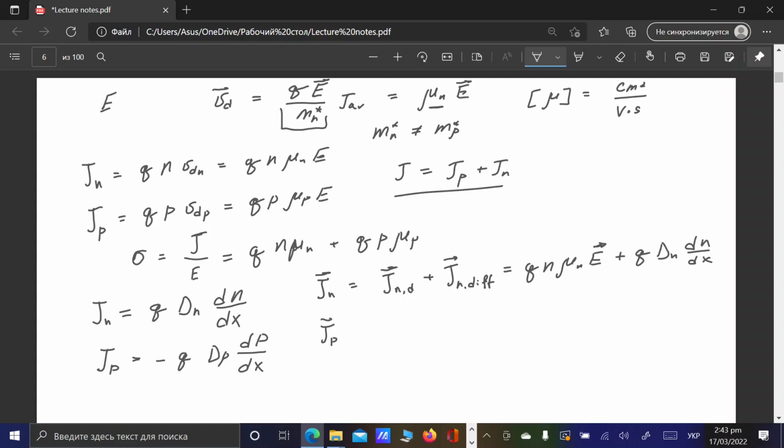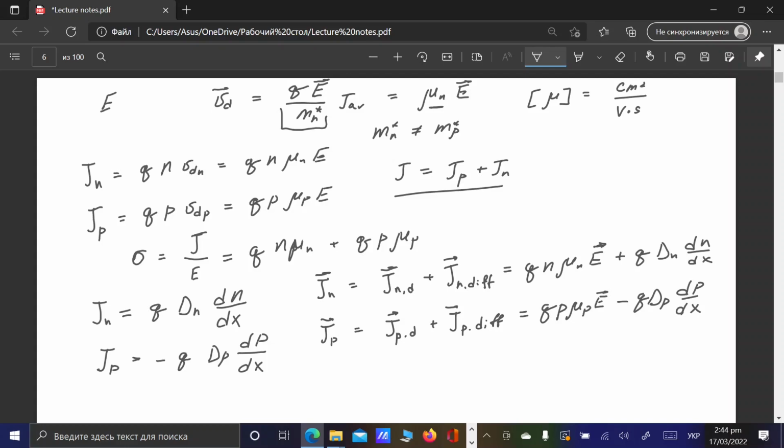Then for hole current we can write also two contributions, Jp drift plus Jp diffusion, and that is equal to q p times mu p electric field vector plus, sorry, not plus, but minus q Dp times dp over dx.